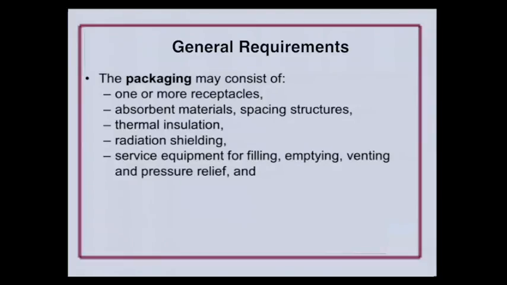What you'll see on some of these, especially the higher integrity packaging, is they have to have pressure relief provision made so that it won't overpressurize and damage the package or packaging. And so you may have a little safety relief valve on it. That safety relief valve becomes part of the packaging. And when it gets put all together and placed on the conveyance, then it's also part of the package.